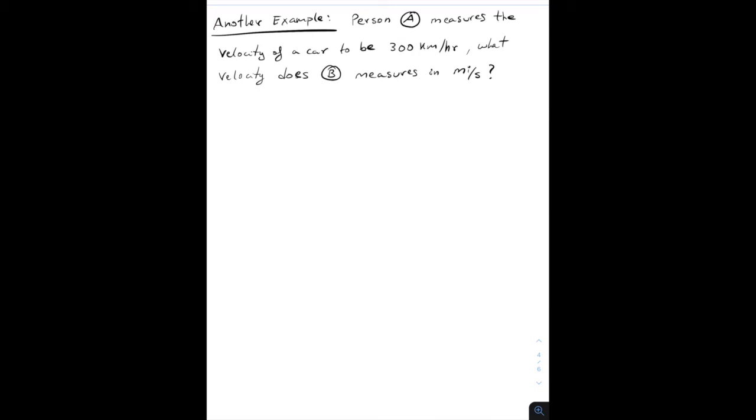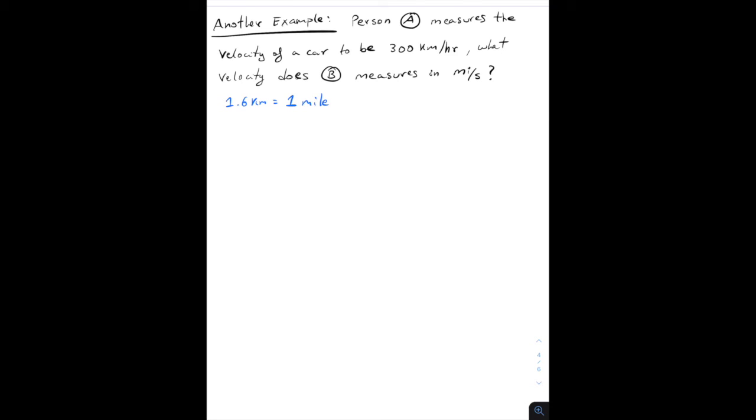Person A measures the velocity of a car to be 300 kilometers per hour. Now, what velocity does person B measure in meters per second? From before, we know that 1.6 kilometers equals 1 mile.